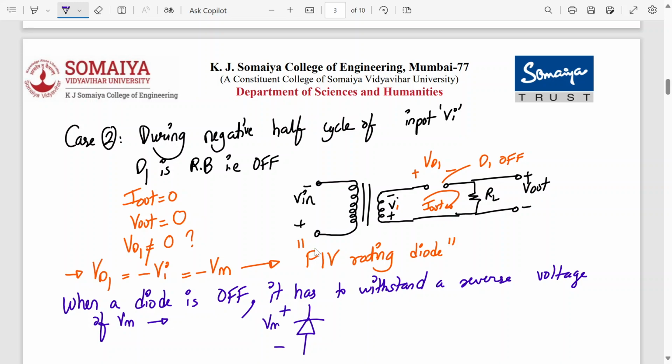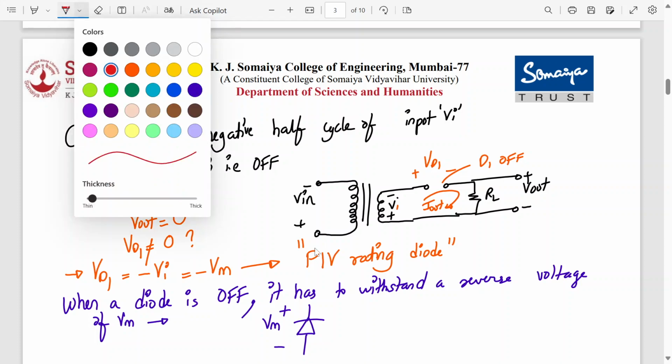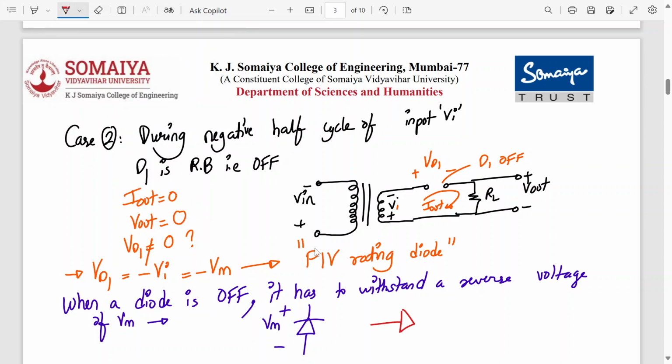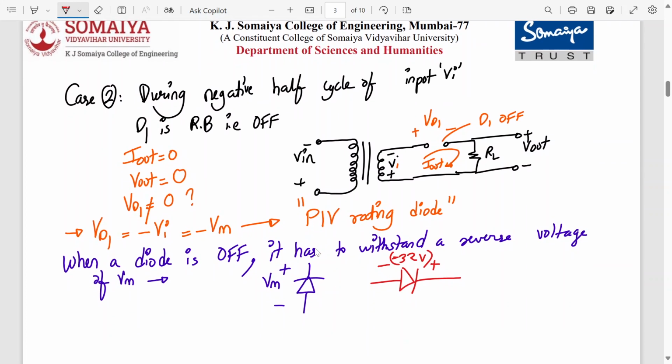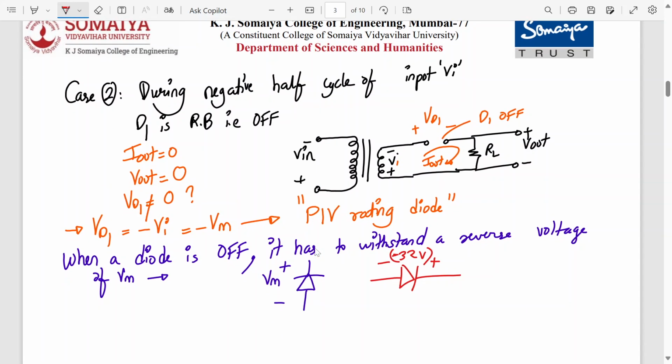It has to withstand Vm voltage across it, meaning across the diode we are applying reverse voltage of around minus 32 volt, and it has to withstand that. Yes or no? So if the diode doesn't break down, then it's a good diode. So PIV rating is the peak inverse voltage of the diode with which the diode can safely operate, the maximum reverse voltage you can apply to the diode.